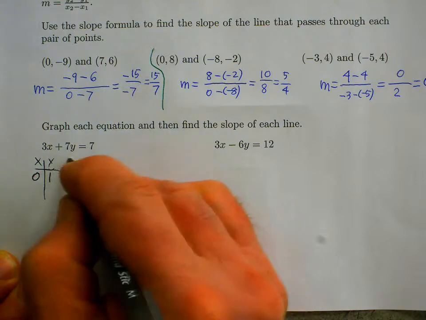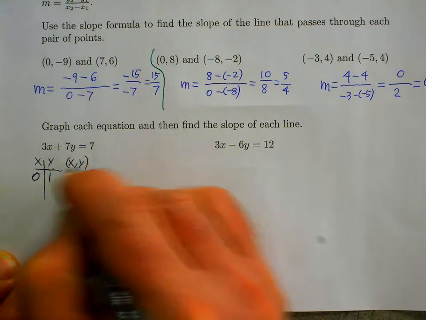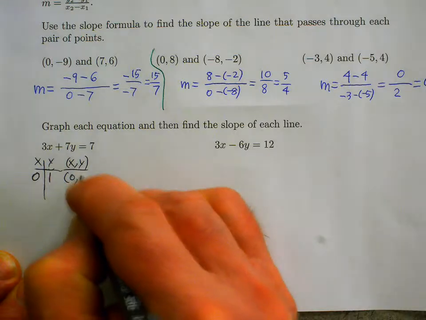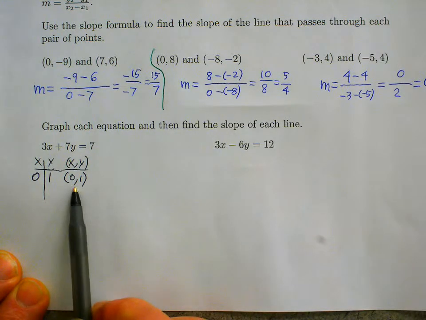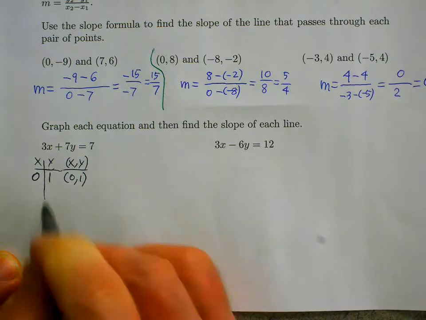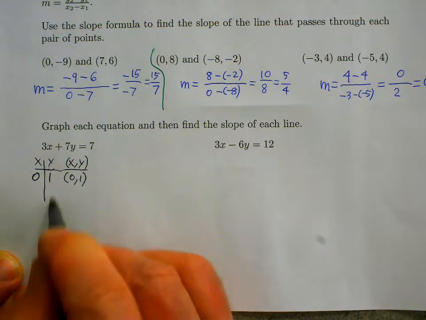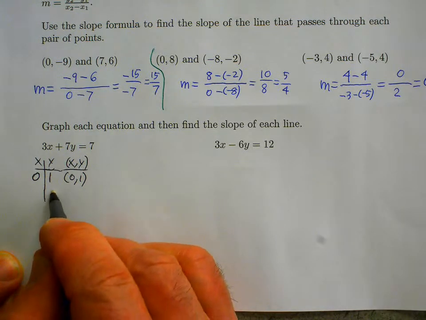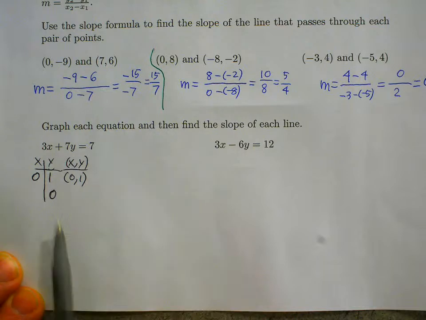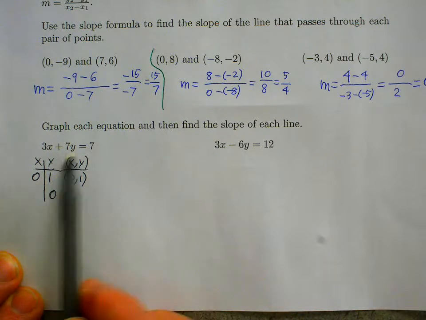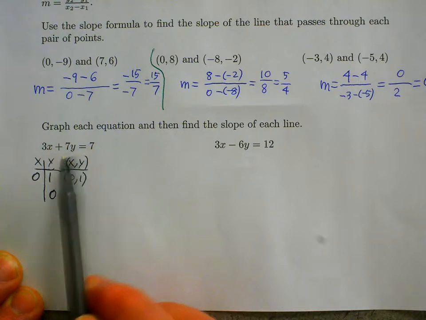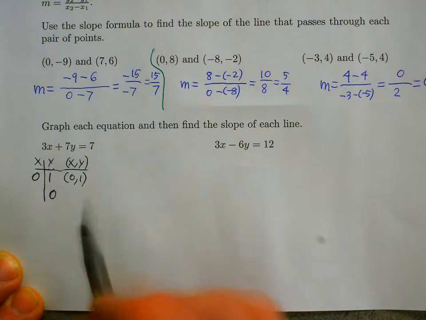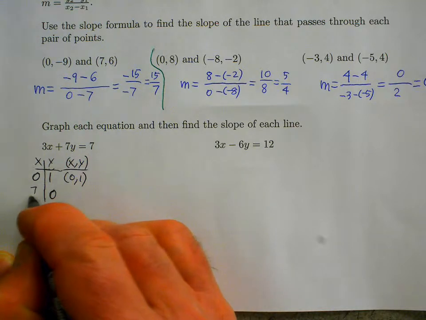Okay, so the ordered pair 0, 1 is a point on the graph. That's the y-intercept. If you want to find the x-intercept, then we replace y with 0. And when we replace y with 0, we get 3x equals 7 and then divide both sides by 3, x is 7/3.